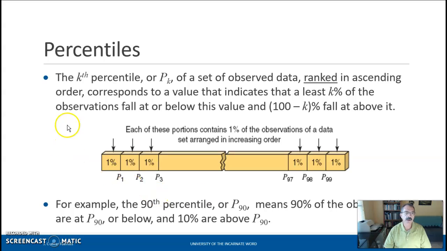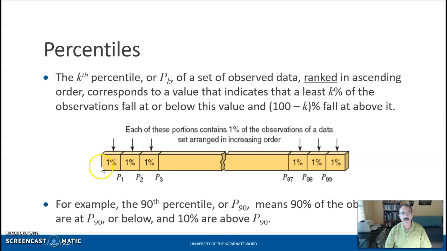The kth percentile, or p sub k, of a set of observed data ranked in ascending order from smallest to largest, corresponds to a value that indicates that at least k percent of the observations fall at or below this value, and 100 minus k percent of the values fall above it.